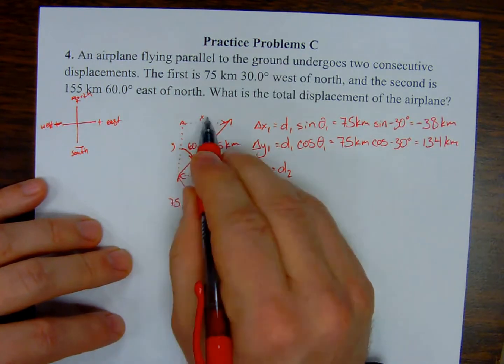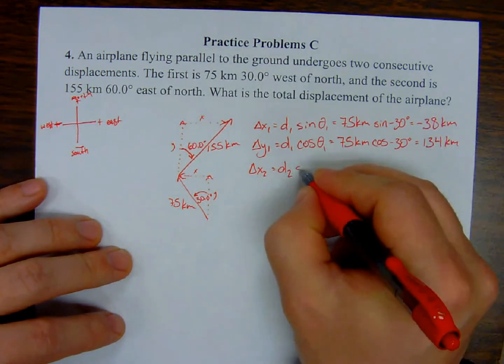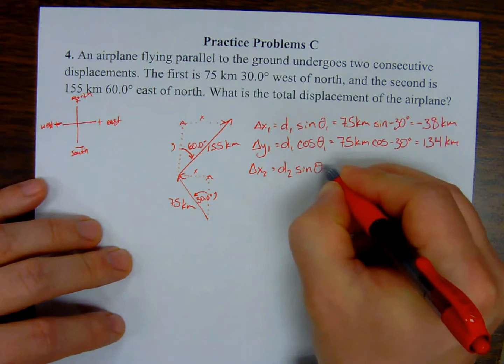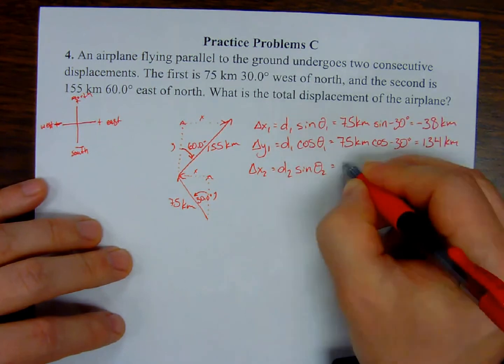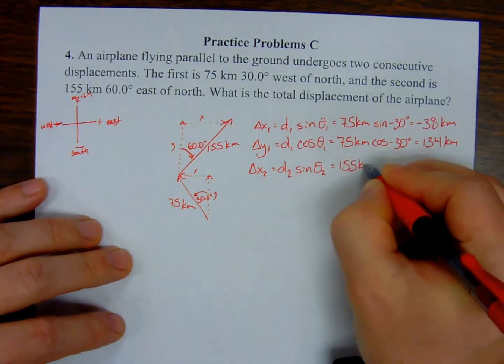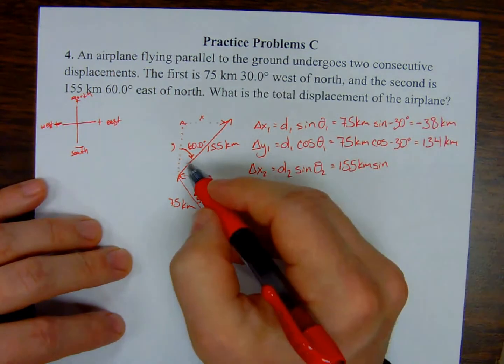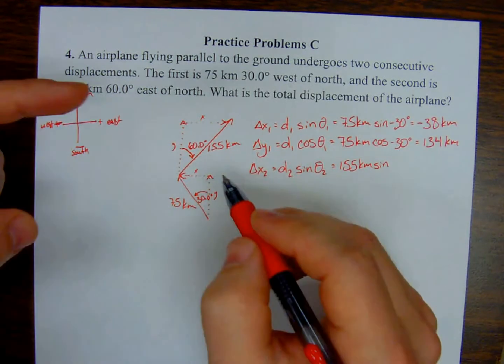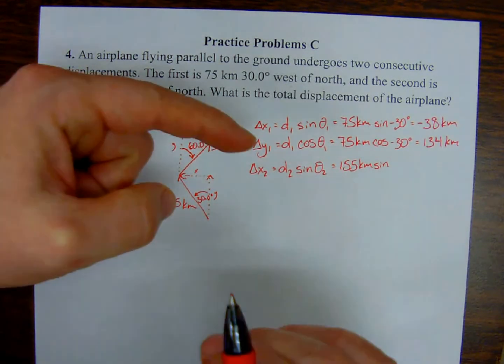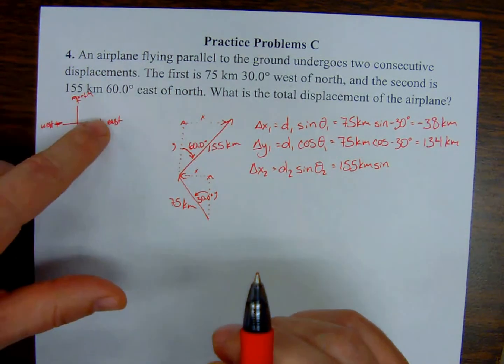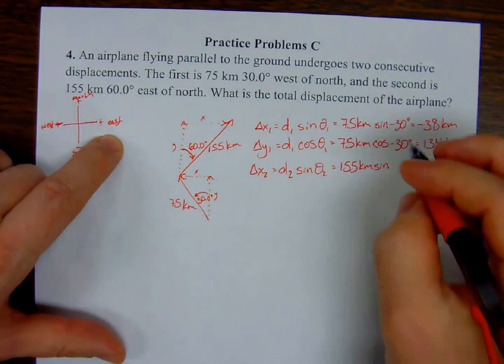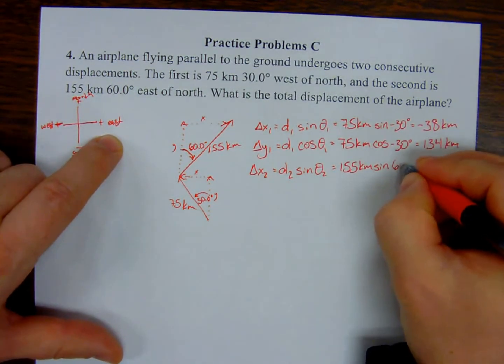This is going to be a positive 60 degrees because the movement relative to north is east, and we've defined east as being positive. So 60 degrees, and the calculator tells me 65 with some significant figures.